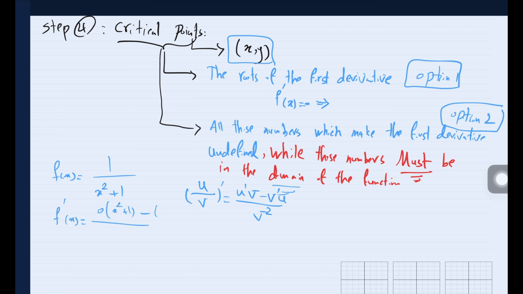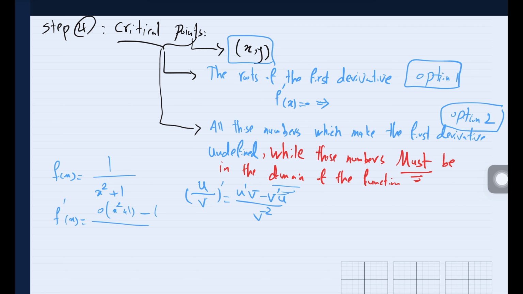As a rule, if I have a over b equals 0, then if a is 0, a over b is going to be 0. In other words, if I want a fraction to equal 0, the numerator must be 0 to make that rational function 0.